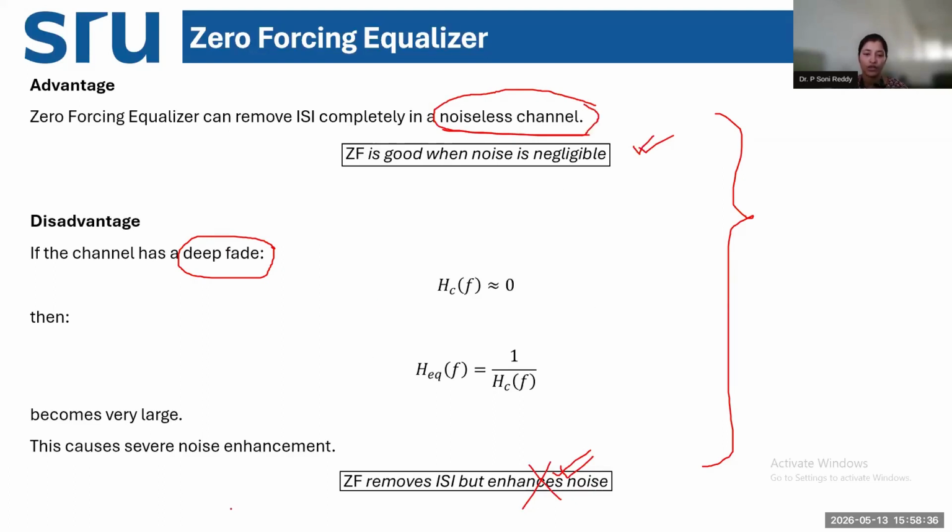But if there is noise in the channel, then the noise will be enhanced compared to your desired signal, and it becomes a practical limitation of the zero forcing equalizer. So this is your first type of linear equalizer which is there in your syllabus.